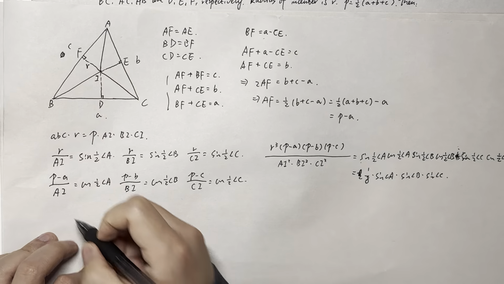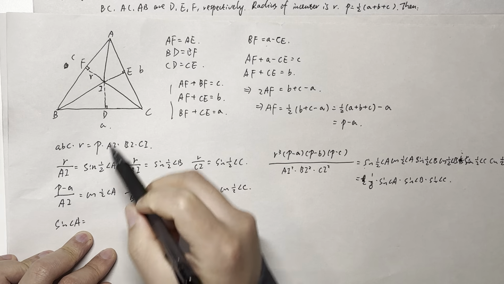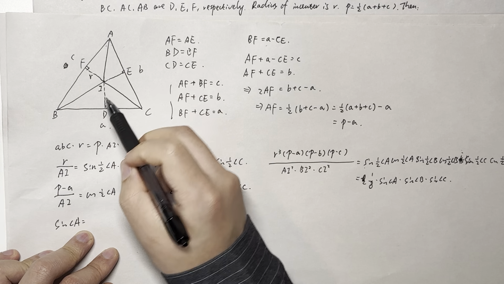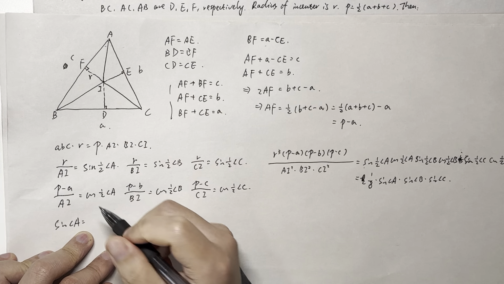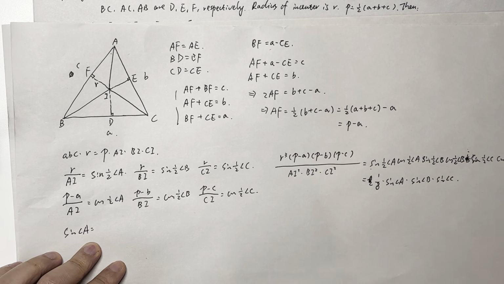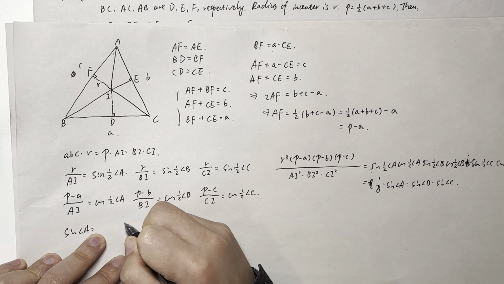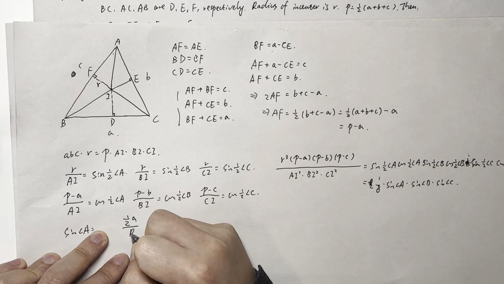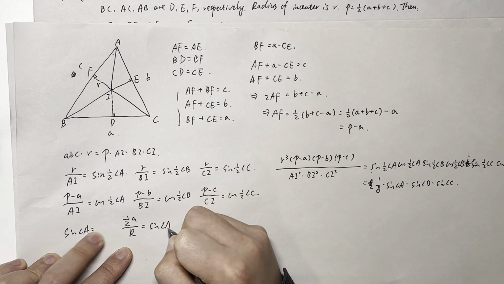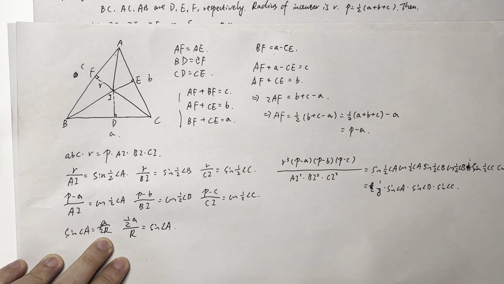And what is sine angle A? If you remember the circumcenter, sine angle A equals half of A over 2R, that's sine angle A, right?